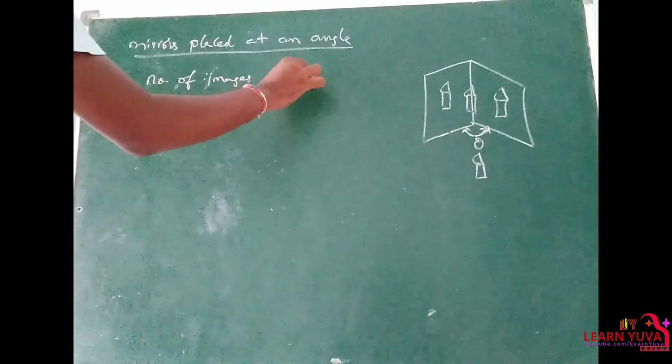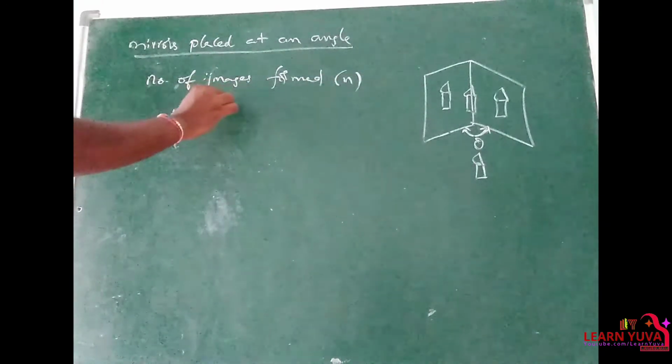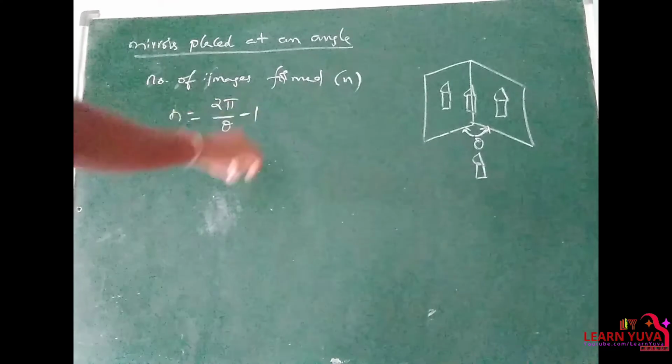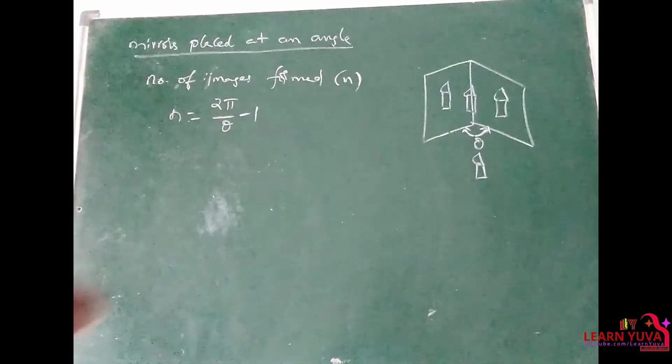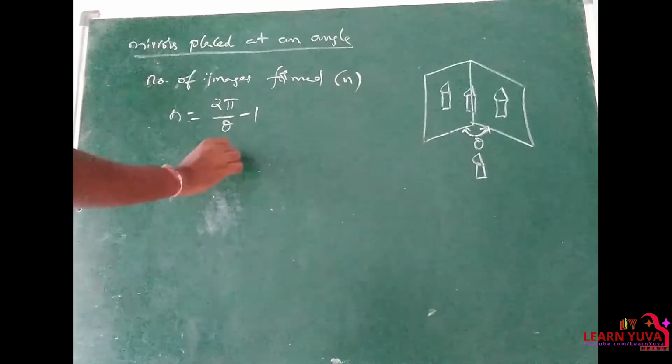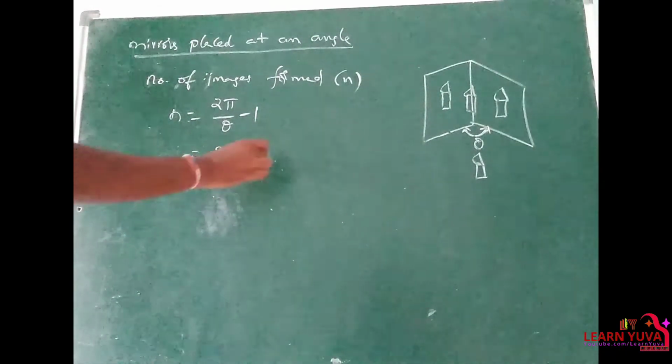We have the formula n is equal to 2 pi by theta minus 1. That means 2 pi by theta is nothing but 360 by theta, minus 1.